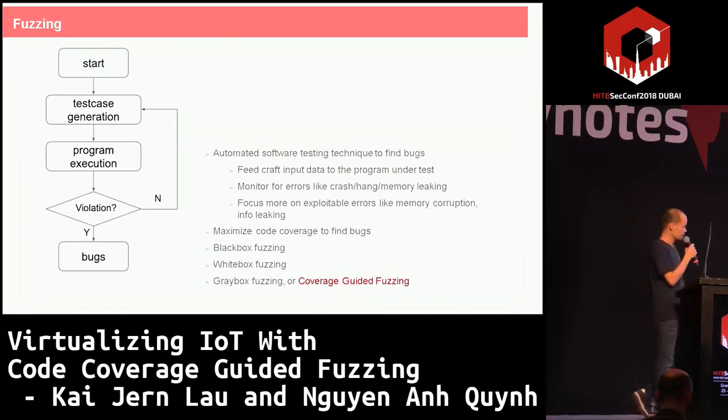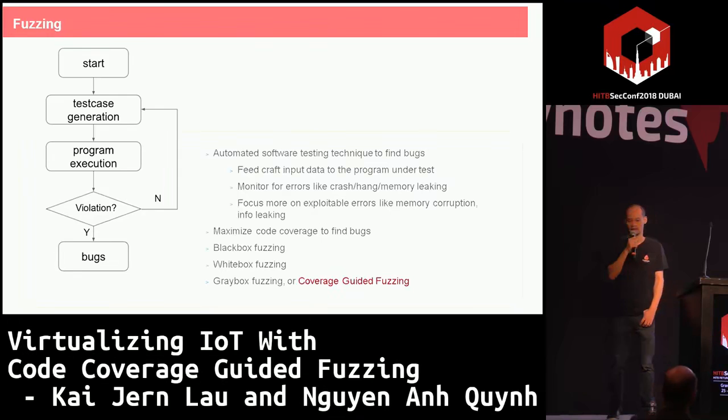So here comes the third type of fuzzer, which is the gray box fuzzer, something in between, not black, not white. We also call this one the coverage guided fuzzer, and this is our main focus in this research.